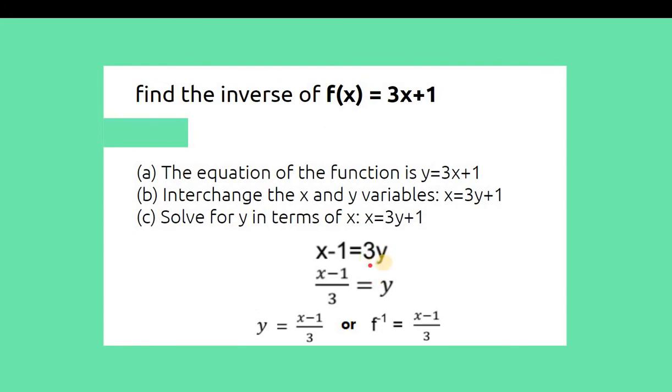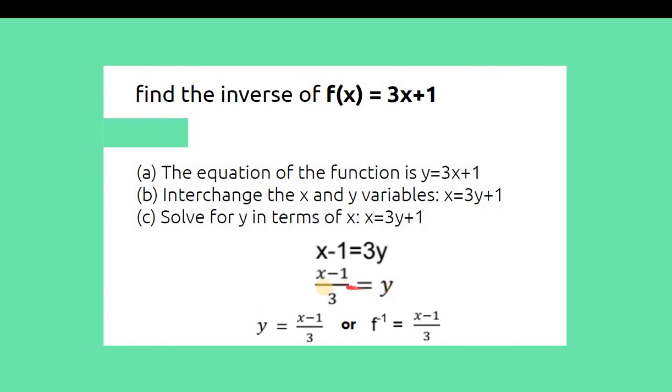So, 3y over 3 tapos x minus 1 over 3. So, ito na siya, no? X minus 1 over 3 tapos meron ka dito kaninang 3y over 3. And since pareho siya, i-cancel out mo na lang, maiiwan ka na lang ng y. So, y na lang yung naiwan dyan. So, ngayon, ang lumabas, x minus 1 over 3 is equals to y.